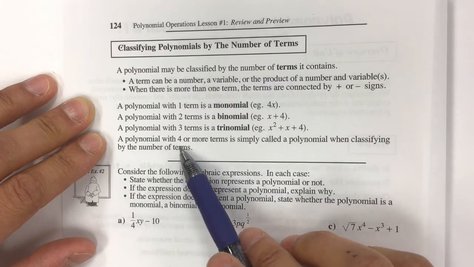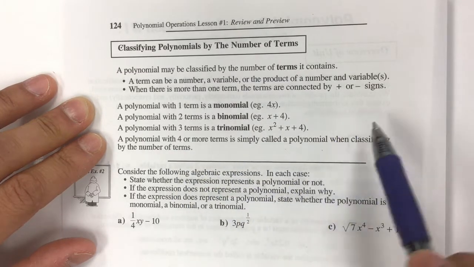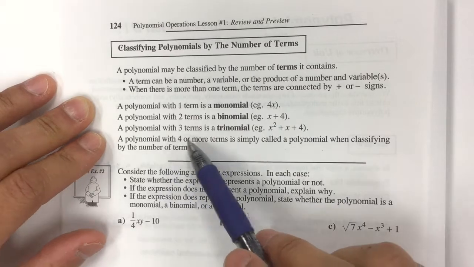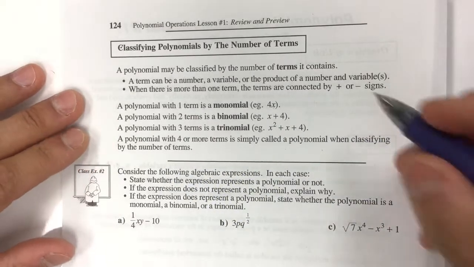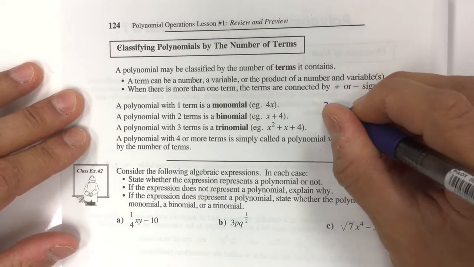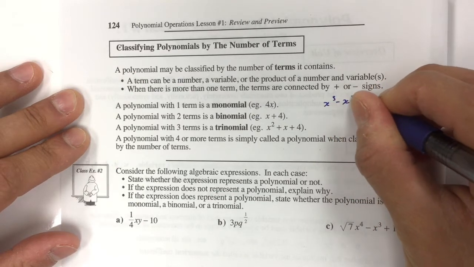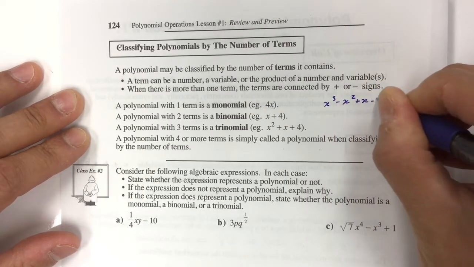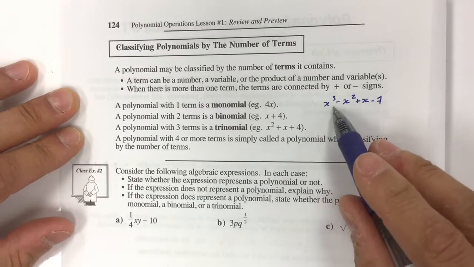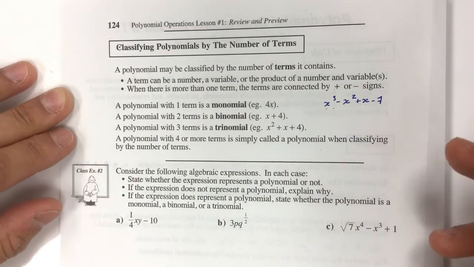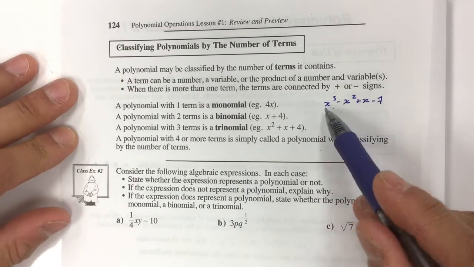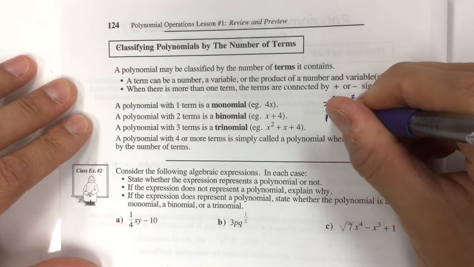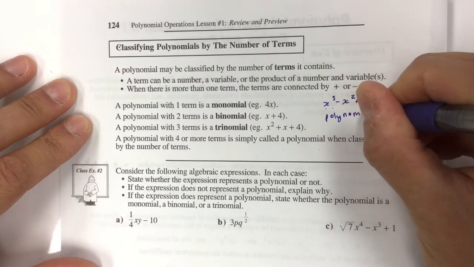A polynomial with 4 or more terms is simply called a polynomial when classifying by the number of terms. So if we had something like x cubed minus x squared plus x minus 7, even though there's 4 terms, we wouldn't call it a tetranomial or anything like that. This is just a polynomial.